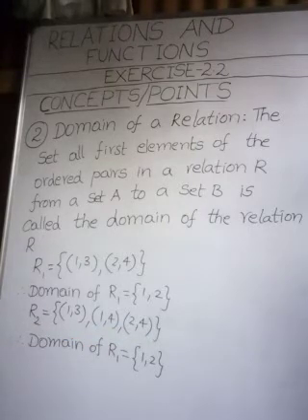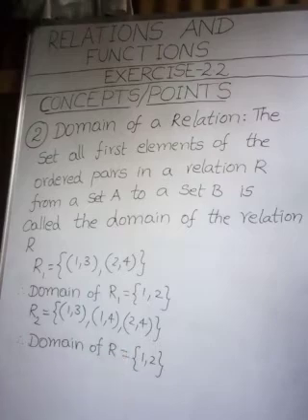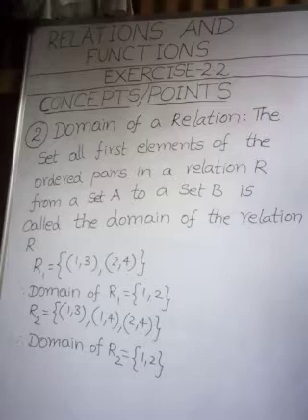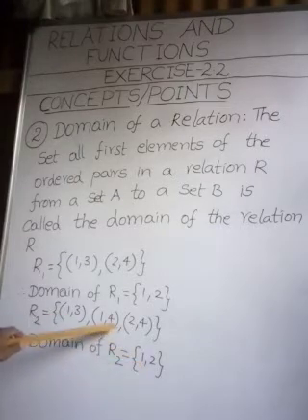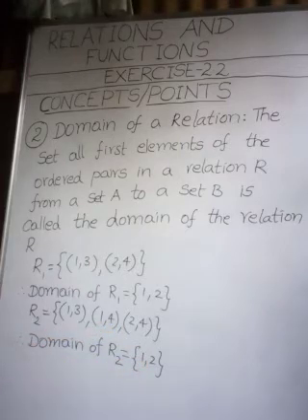Then what is the domain of R2? The first elements. In this ordered pair, what is the first element? 1. What is the first element in this ordered pair? 1. We should not repeat any element in a set. All the elements of a set should be distinct, different from other elements.